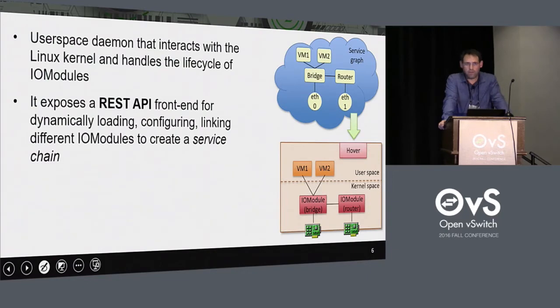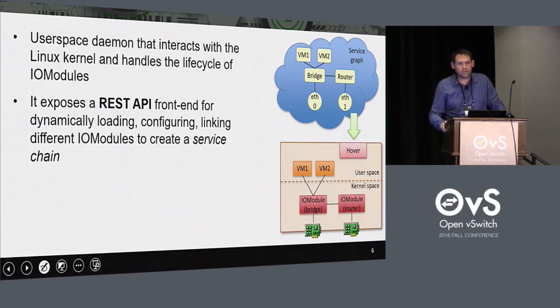So far everything is known. Hoover is new in this presentation. It is a user space daemon that interacts with the Linux kernel and handles the life cycle of the IO module. So basically the problem is that we would like to inject the code and connect one IO module to the other dynamically, and so we need a sort of REST server or something similar.